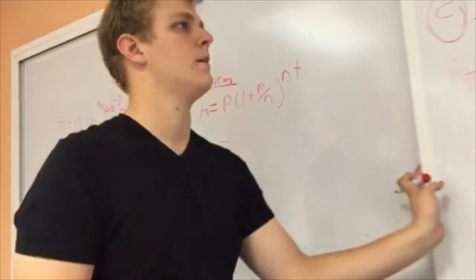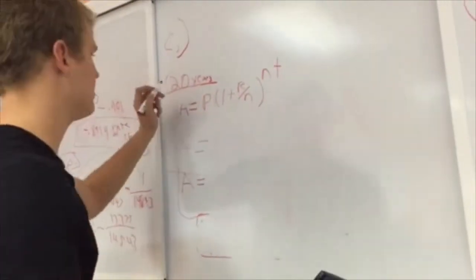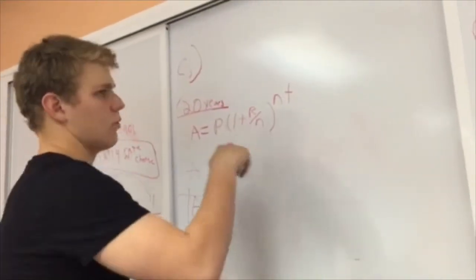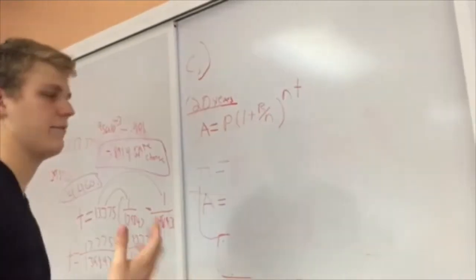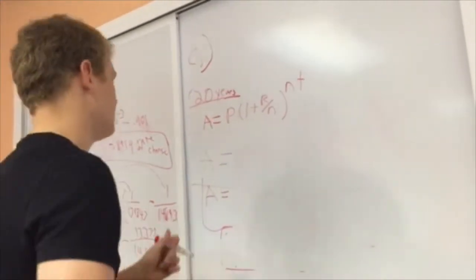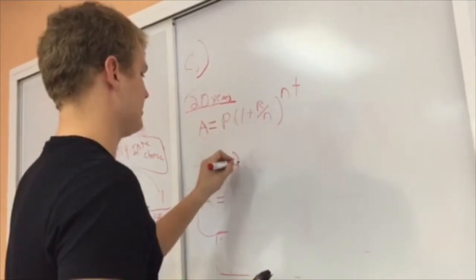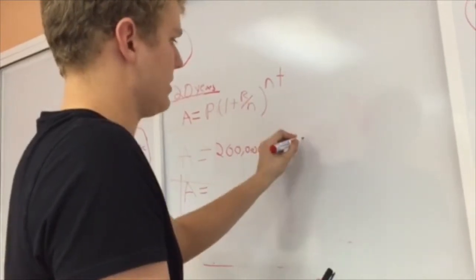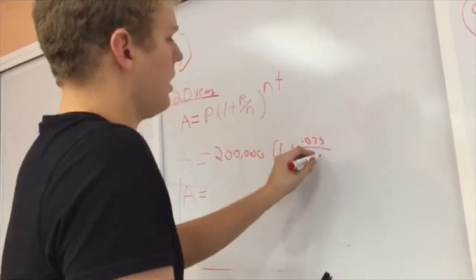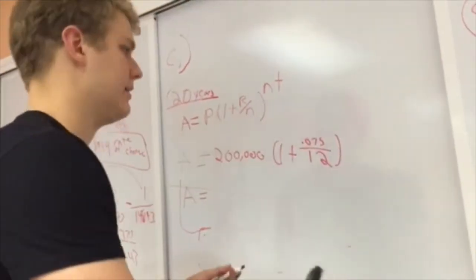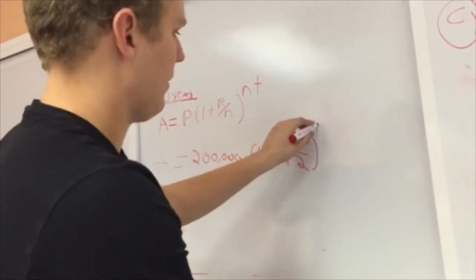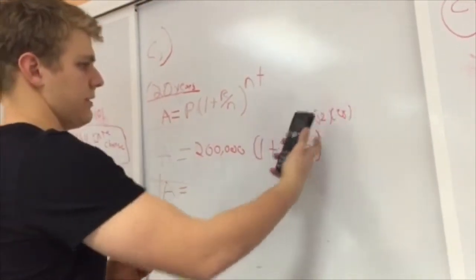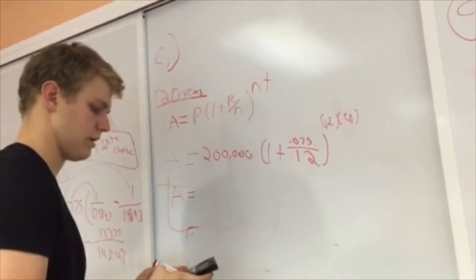After that, we have to find out the rate of change. Let's use the same formula because we have a monthly rate of 7.5%. It's again 200,000 times 1 plus rate, which is 0.075, over the number of times you pay in a year, to the power of that number times how many years, which is 20. So 12 times 20 is 240.